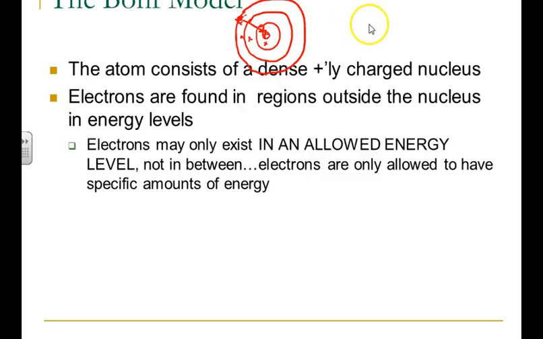According to Bohr, the electron surrounding this positively charged nucleus could be allowed here, it would be allowed here, and it could be allowed out here, but not in between. So no here, no here, and no here. So he limited where electrons could be located.